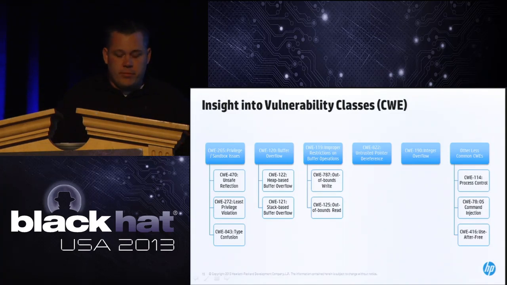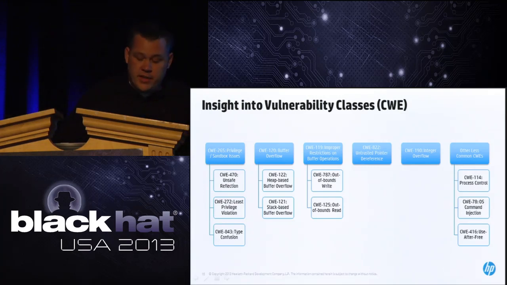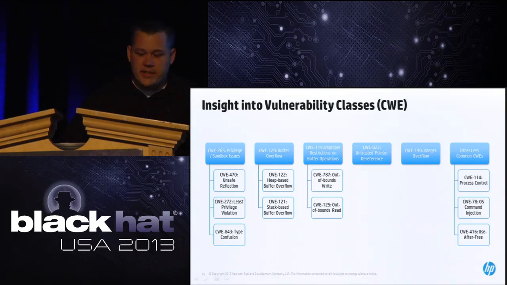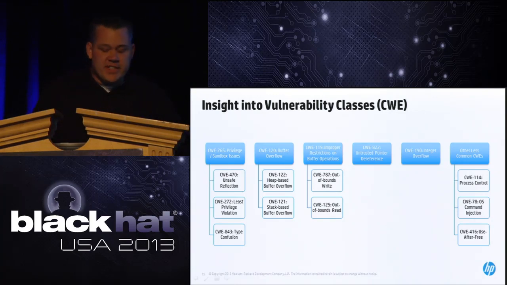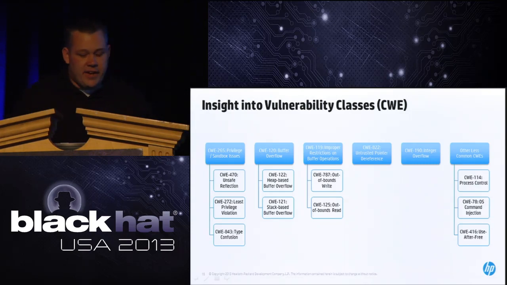The abuse of Java's doPrivileged blocks we labeled as least privilege violations, and vulnerabilities that abused Oracle's type system using techniques like deserialization of untrusted data were labeled as type confusion. We also subcategorized the buffer overflows into the classic heap and stack-based versions, and out of bounds writes and out of bounds reads for buffer operations. But the key takeaway here for Java is it's a classic case study in almost every single major bug class that exists that we've known about for a long time.